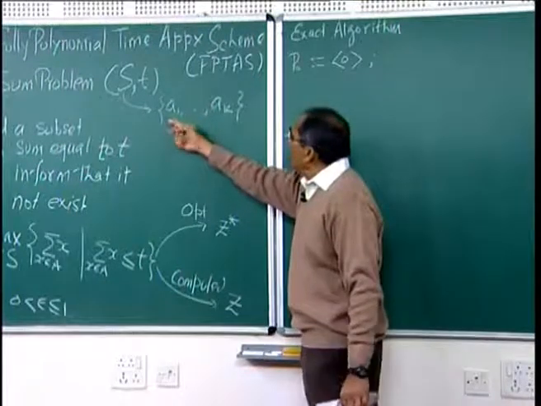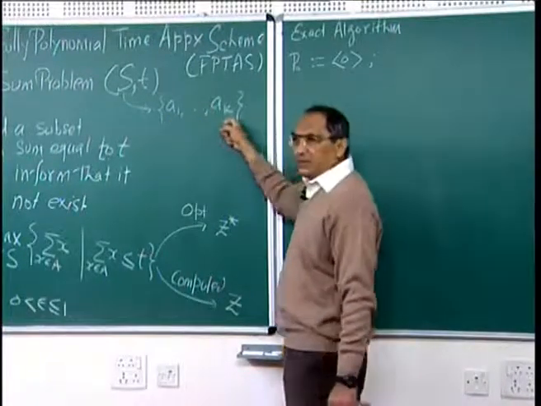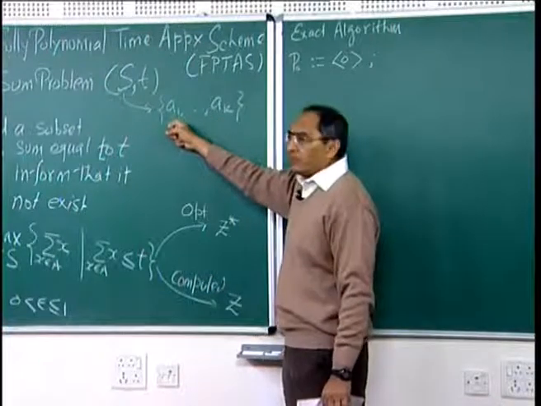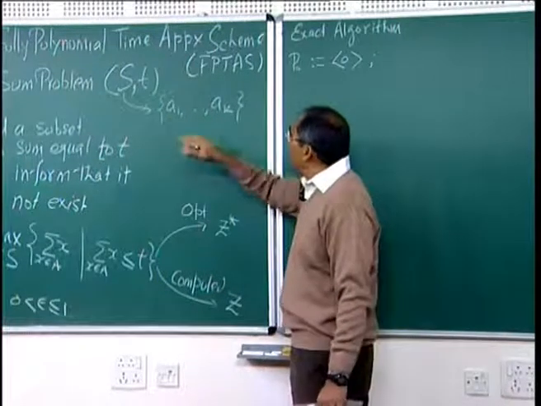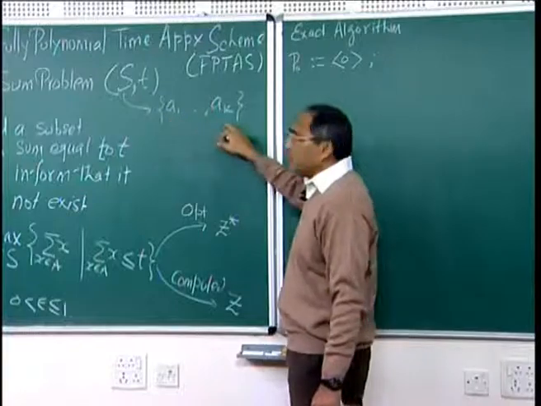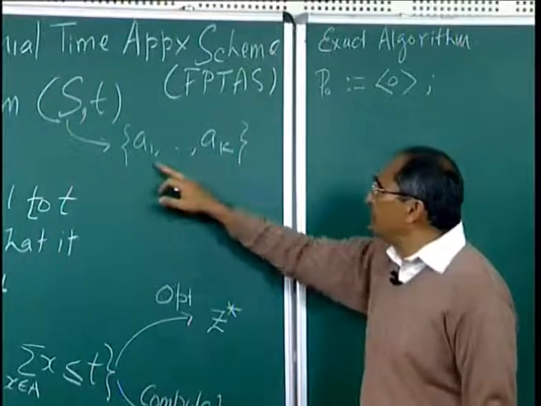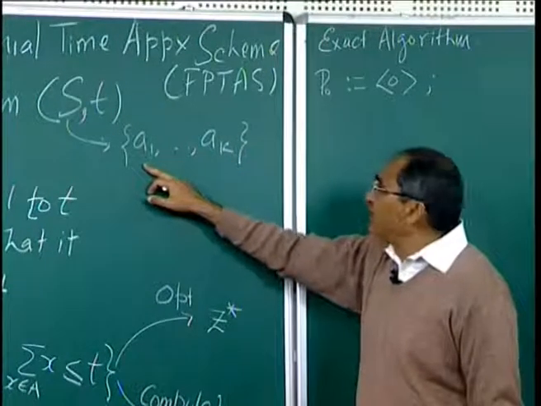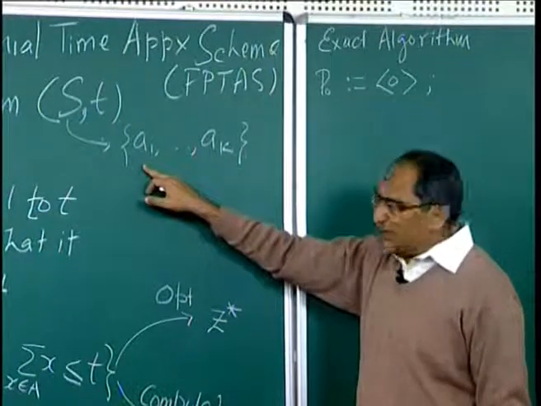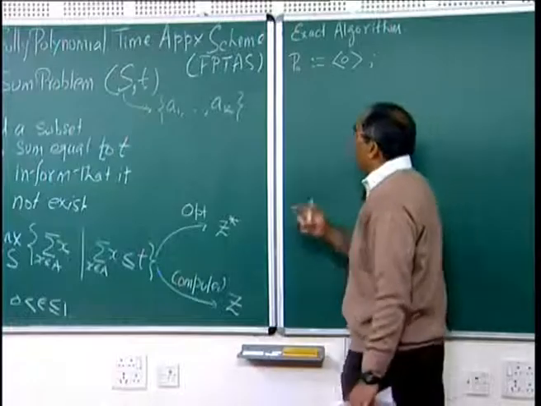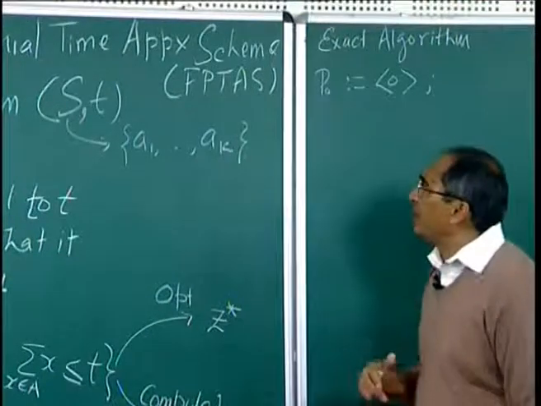One remark: if any of these numbers is 0, then we can ignore it because it does not really add any value. If any number exceeds t, we can also ignore it because that will definitely give you a subset exceeding t. So, every number has to be strictly between 0 and t.